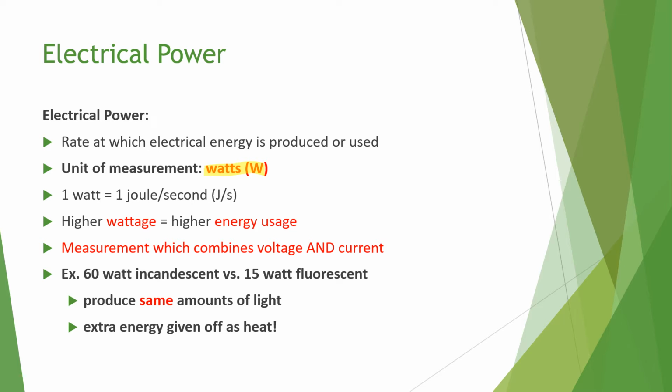That's a waste of energy, because with a light bulb, what do we want it to do? We want it to produce light, not necessarily heat. So this is a good example of one producing heat energy and one producing only light energy, making it more efficient. If both products are producing the same amount of light, you're going to want to choose the one that requires less power.